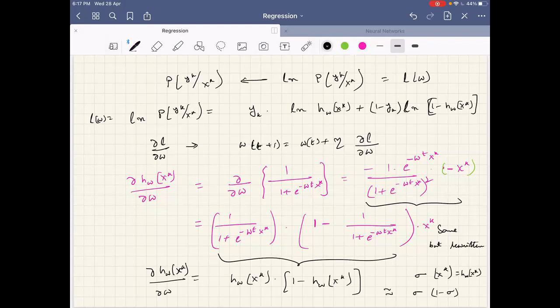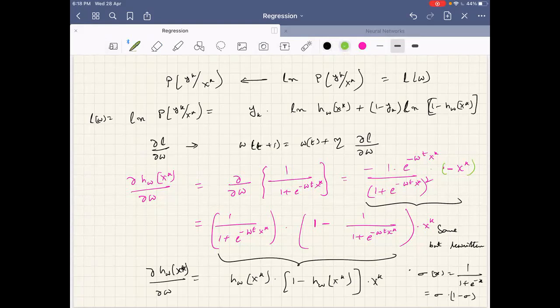So here, for a sigmoid activation function, if we consider it purely as sigma of x equal to 1 by 1 plus e power minus x, then ideally it is sigma into 1 minus sigma. However, here it's not x, it is W transpose x. And hence you have xk here as well, in this particular expression.